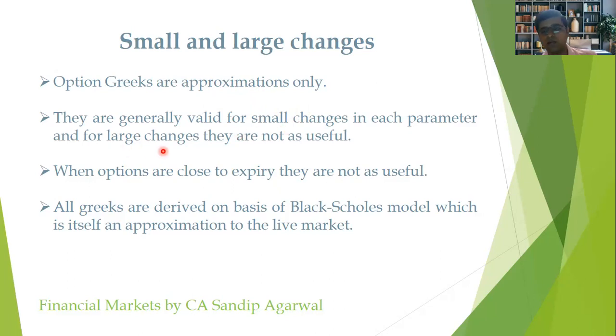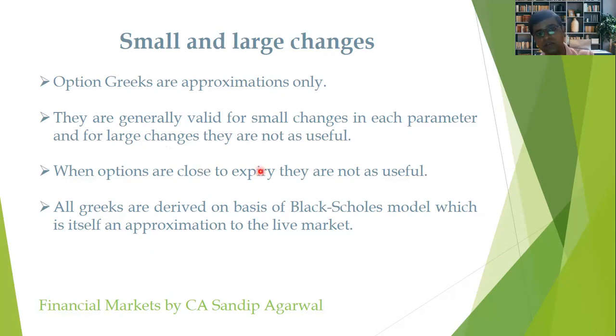So if somebody wants to know the Greeks value, or the price of an option considering the change in certain option Greeks, then the Black-Scholes model can be used for the approximation value only. But the real value in the market may be a bit different from the value determined from the Black-Scholes model.